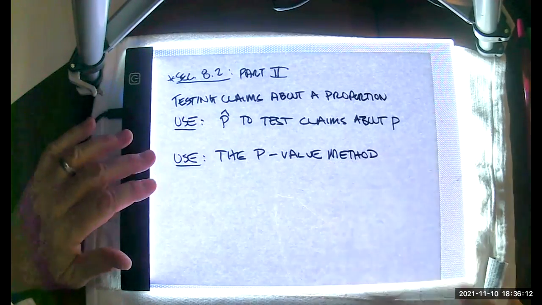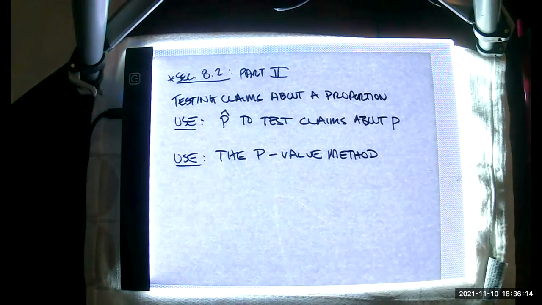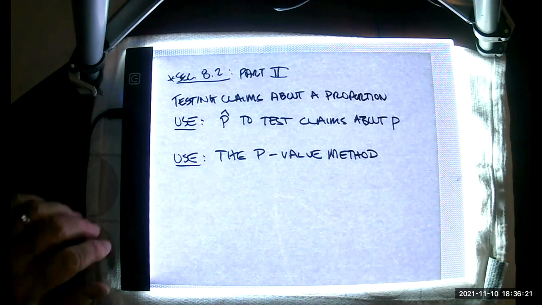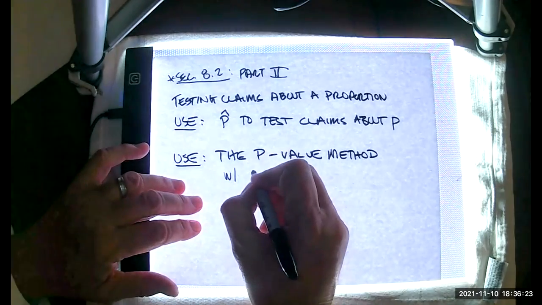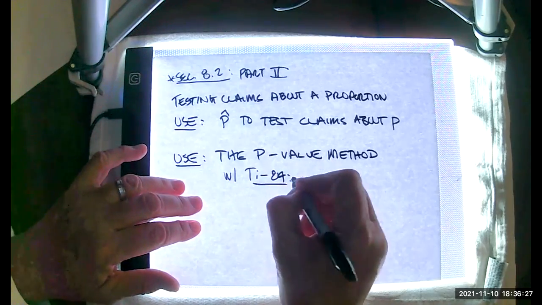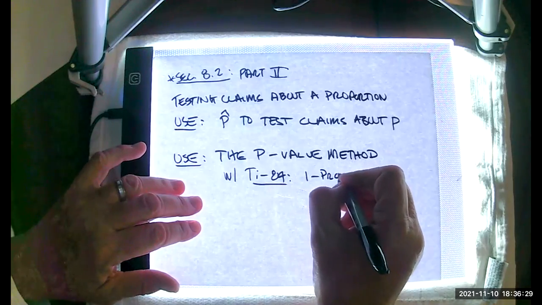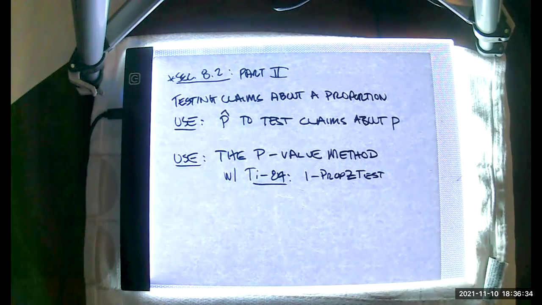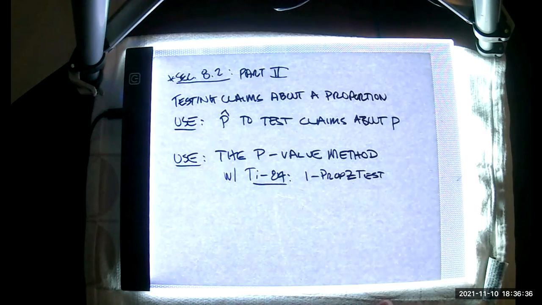Not all the questions in the text say that directly. Some ask you to use, say, tables or perhaps something else. But we really want to use the p-value method with your TI-84 and the one prop Z test. That's what we'll want to make sure we use when we do this test. It's really important.